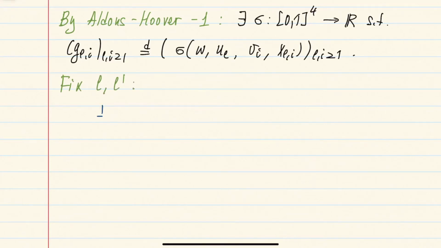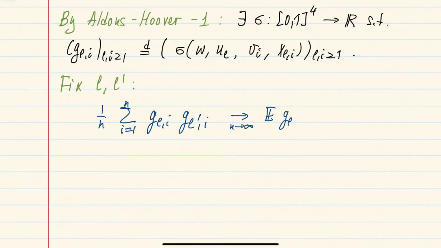And then if we consider the following average, namely the product of the i-th coordinate of G_l and G_l prime, since we defined these sequences to be IID over i, then we know just by the strong law of large numbers that this converges to the expectation of G_{l,1} G_{l prime,1}, of course if you apply the strong law of large numbers conditionally on R.